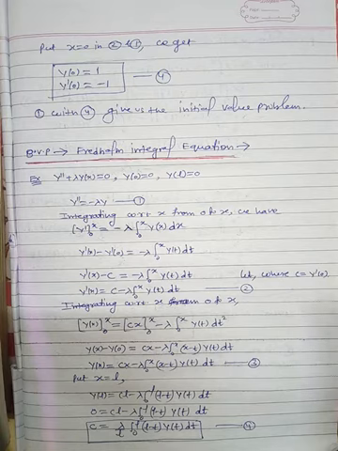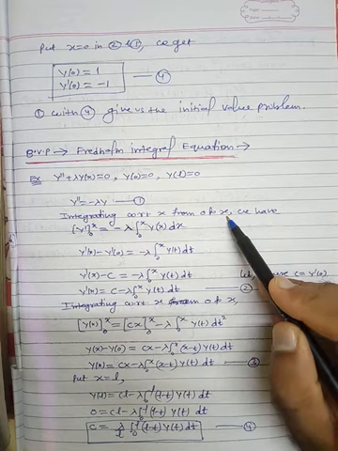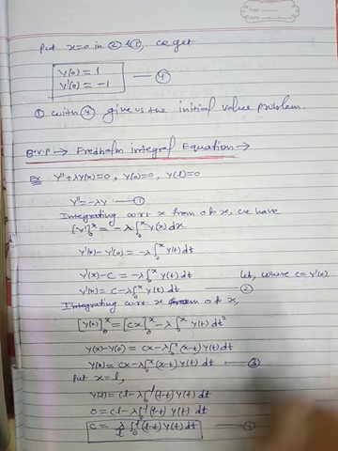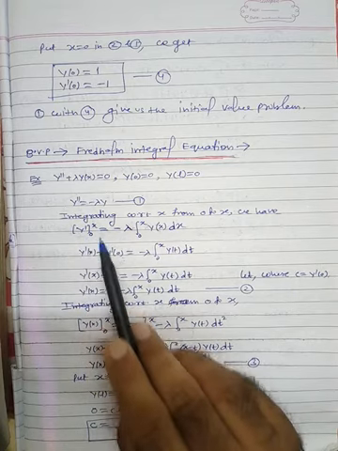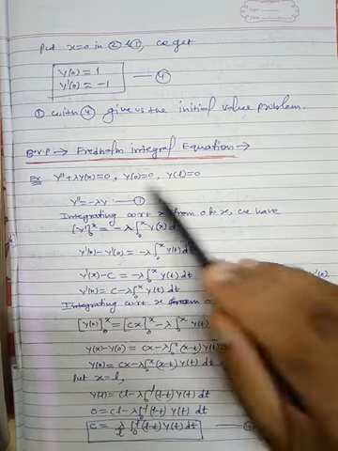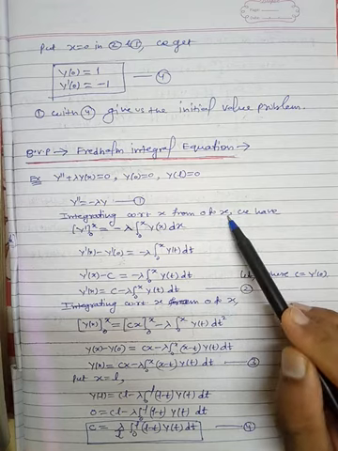Just as in the previous case of the Volterra integral equation, we again have the same lower limit and the upper limit as a variable quantity. Now integrating, we get first derivative from 0 to x is equal to minus lambda integral 0 to x y(x) dx. Here remember, we are not taking the limit 0 to L. Here we are again taking the limit 0 to x.